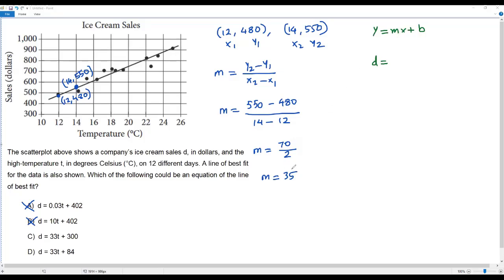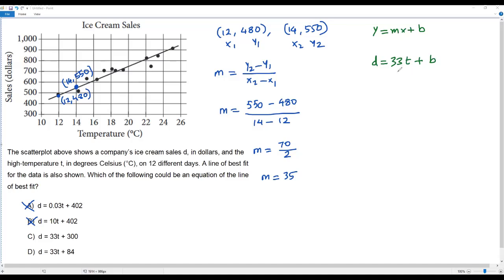Already we got the value of m, that is 35. But in option C and option D, we have the slope 33. So either option C or option D must be correct. So better we use the slope we have in option C and option D. We can plug in the slope 33 for m. Then for x, we plug in the temperature T. That is 33T plus b.